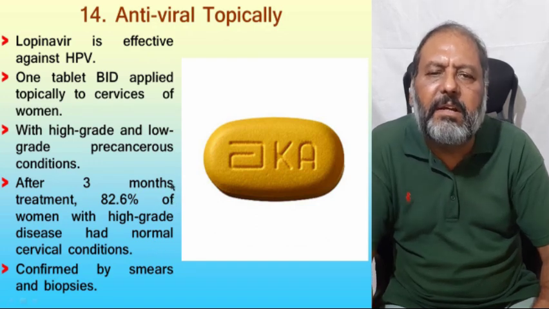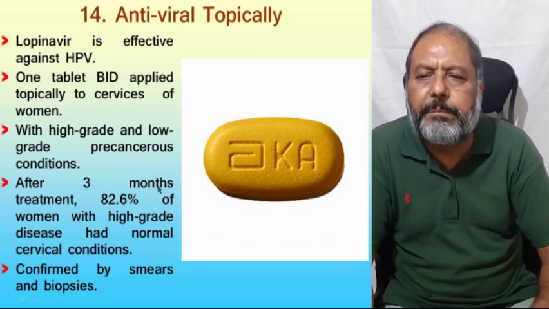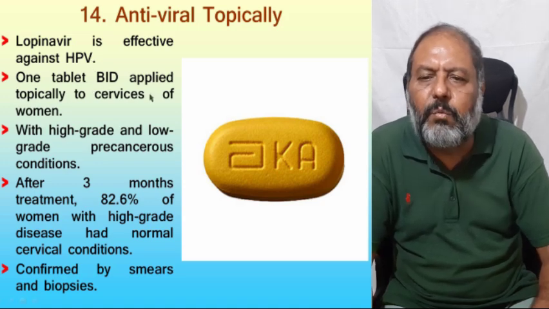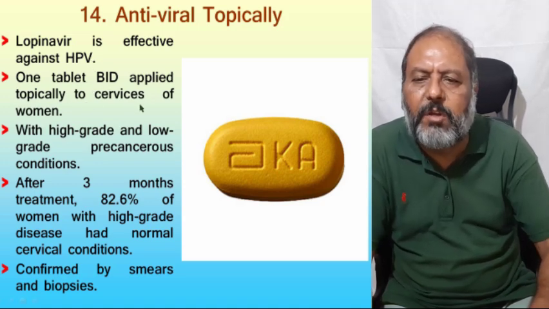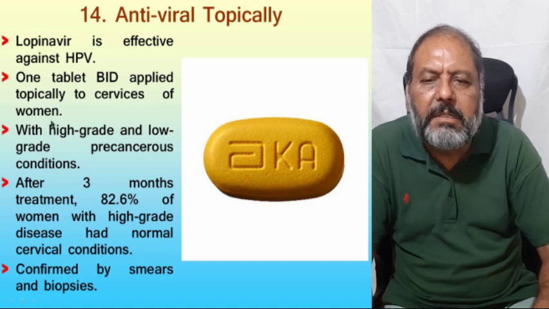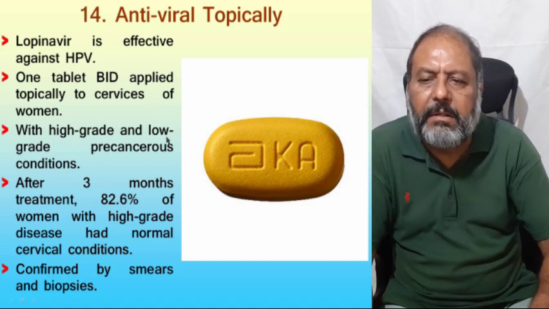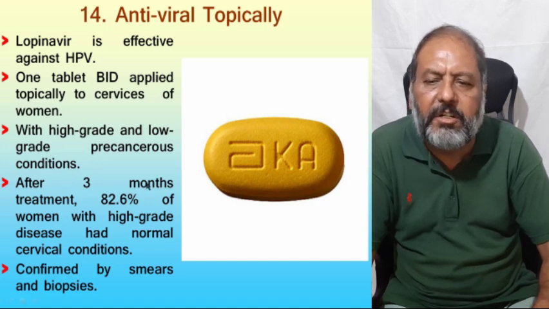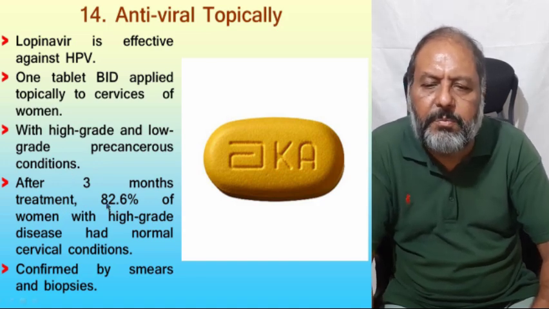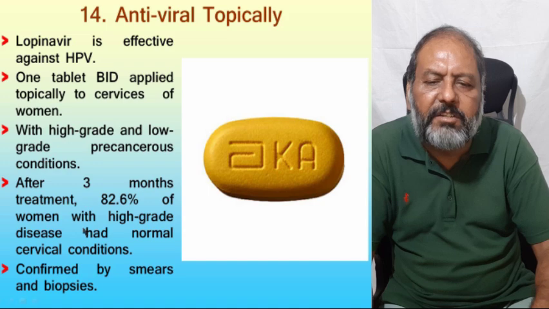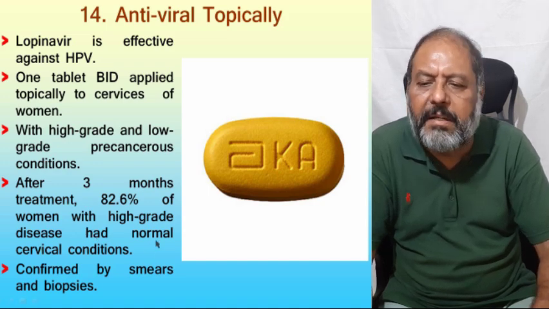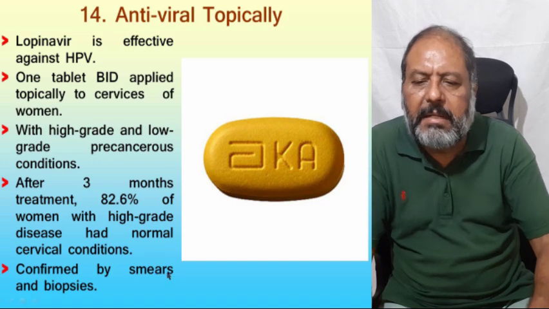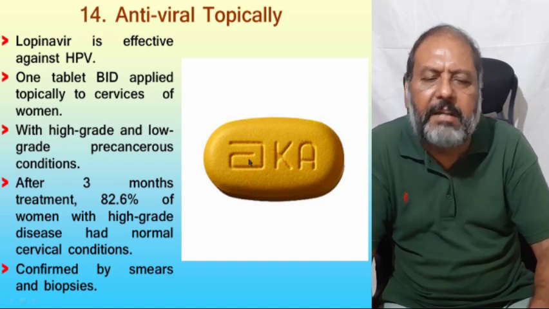Number 14 is antiviral topically. Lopinavir is effective against HPV. One tablet BID applied topically to the cervix of women with high grade and low grade precancerous conditions. After 3 months of treatment, 82.6% of the women with high grade disease had normal cervical conditions, confirmed by smears and biopsy.